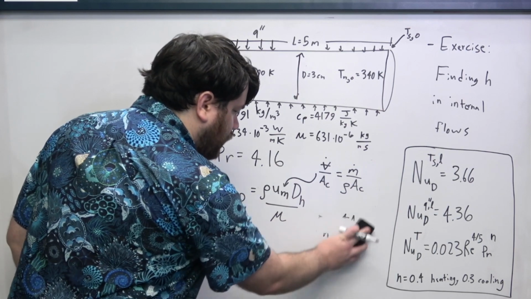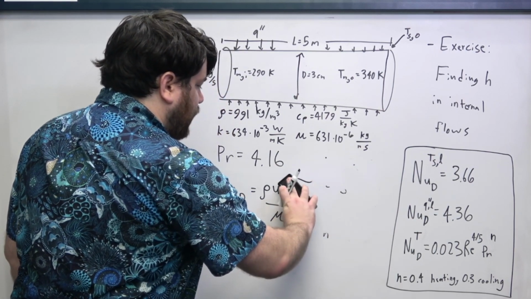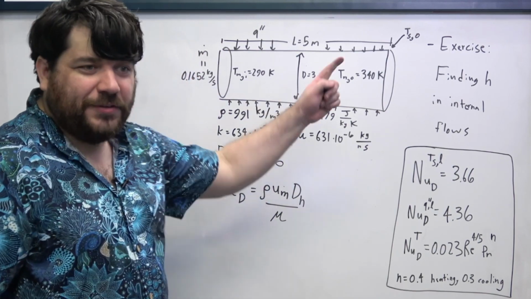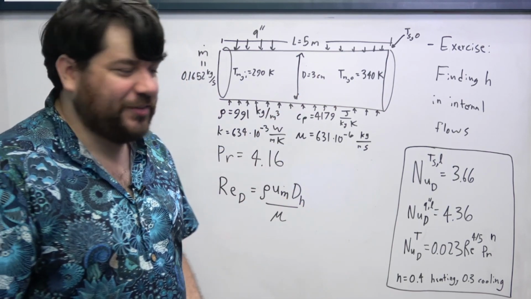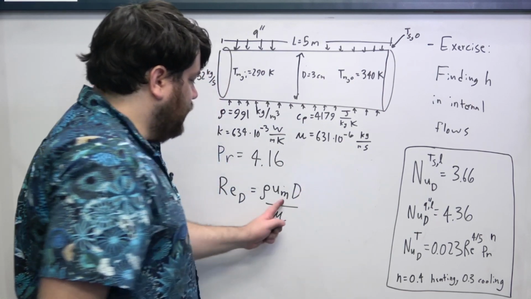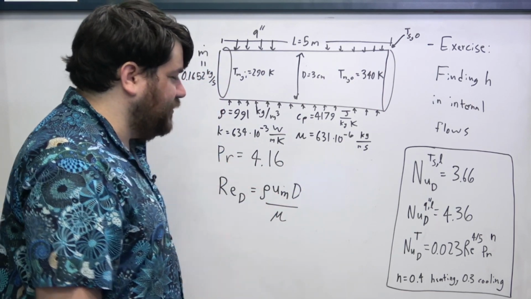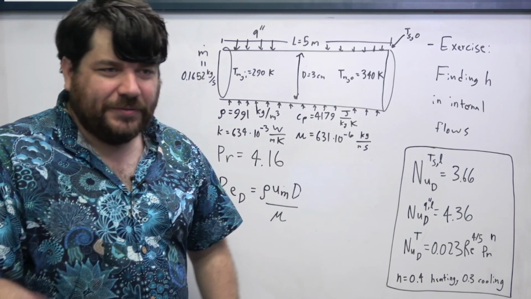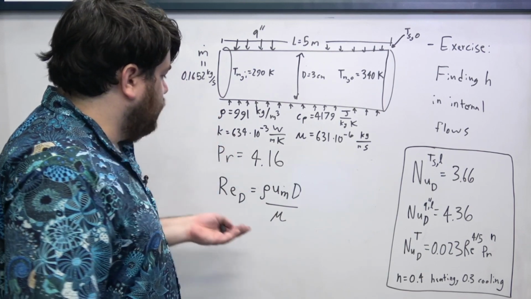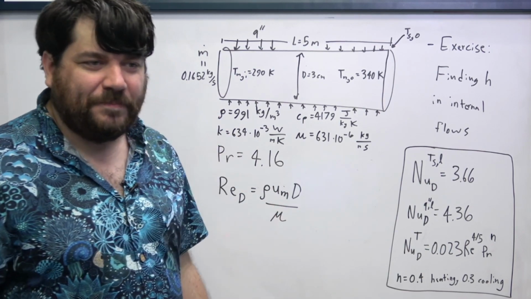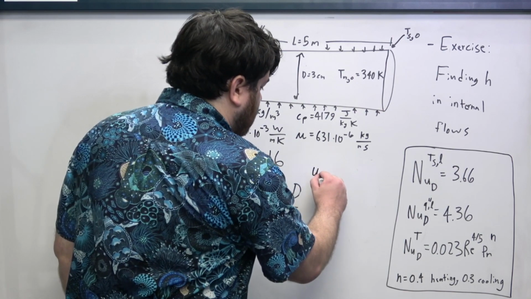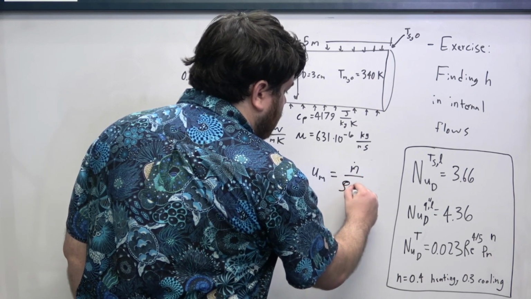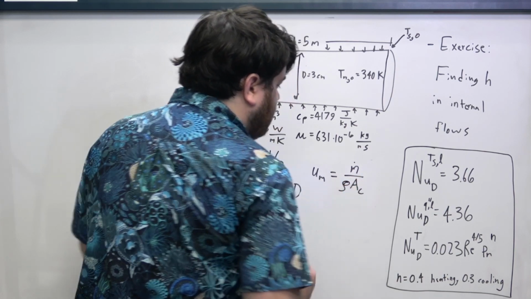So, definitions aside, the point is that we know all of these things. For a standard pipe with a circular cross-section, the hydraulic diameter is, of course, just the diameter. This U_m is just, as we had defined before, m dot divided by some other things that got us to U_m. We had written down that U_m was equal to m dot divided by the density divided by the cross-sectional area.